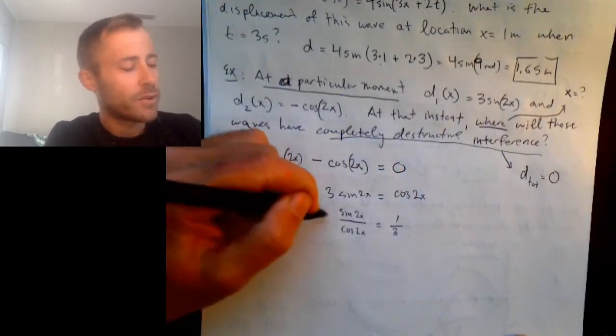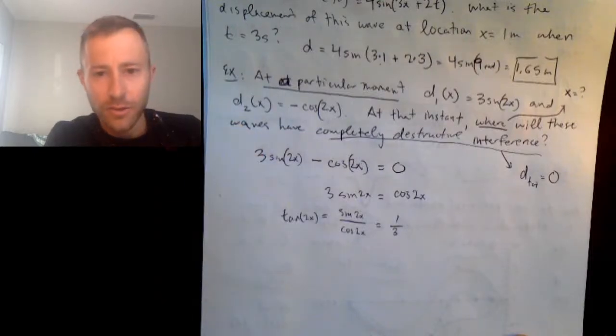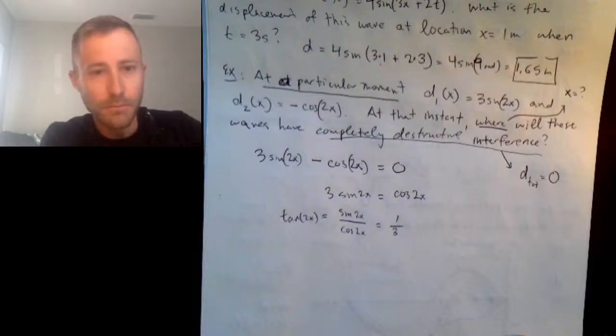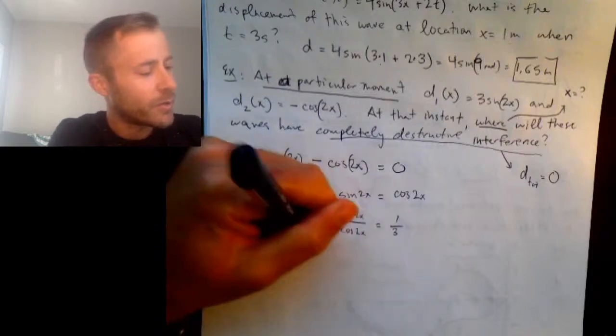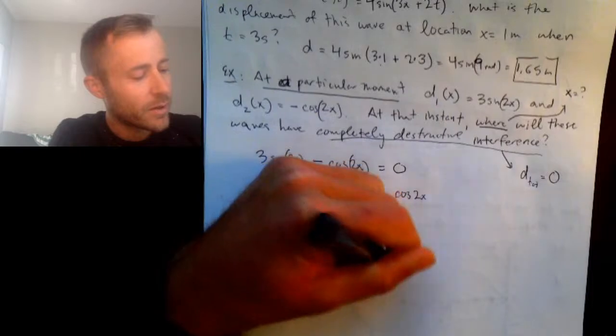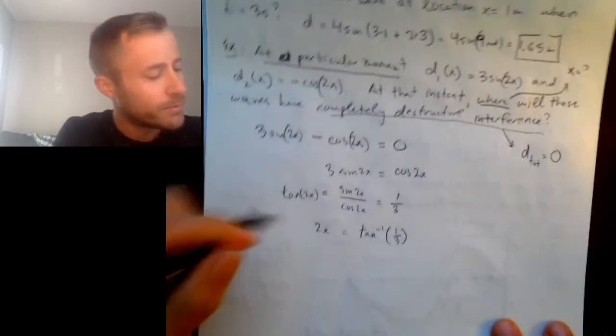That is, of course, tangent of 2x. And so I'm going to find the inverse tangent of that. Arctangent, also known as inverse tangent. So now we have 2x equals inverse tangent of 1/3. And then I divide both sides by 2.